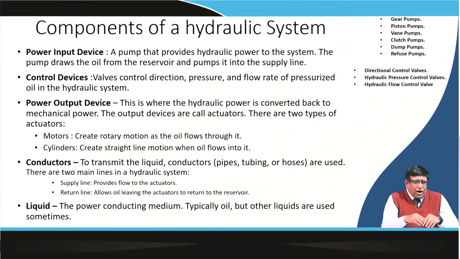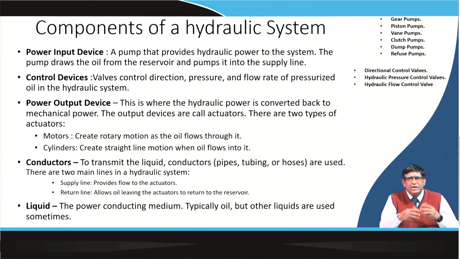Similarly, there is a power output device, as I said, that is your functional element, and how it will be working. In most work, it will either have to rotate or give a linear motion. So, depending on that, we have a hydraulic motor or an actuator, whether piston and cylinder. These are the main output devices, and then the fluid must go through certain conductors.